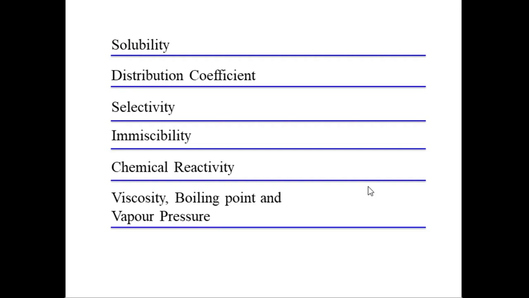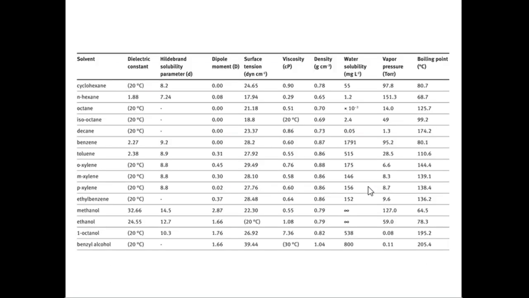Number six, viscosity, boiling point, and vapor pressure. So this is a table which gives you a list of solvents. You can just glance through this, and various properties are given over here for each of the solvent systems. You can get it in any of the textbooks or in any of the research literature.